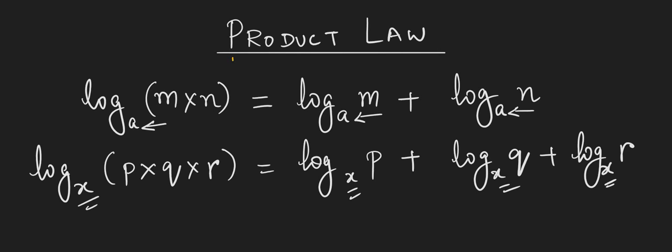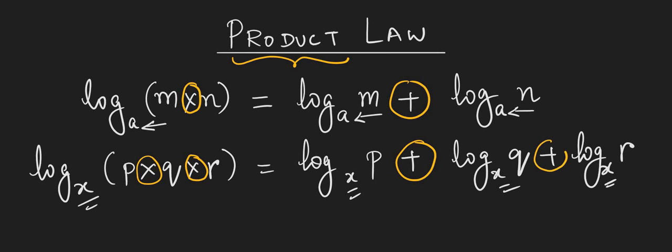Be careful to note that this is a product law, right? So we are converting the product on the left side into summation on the right side, right? So log of m multiplied by n is equal to log m plus log n. Log p multiplied by q multiplied by r is equal to log p plus log q plus log r.